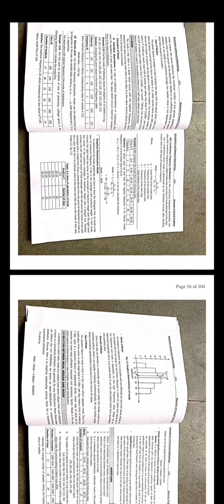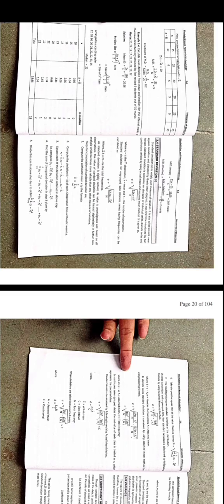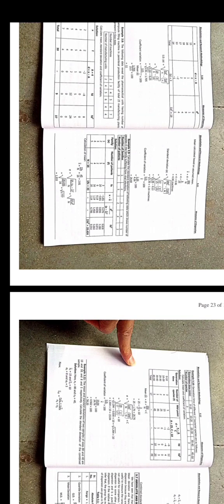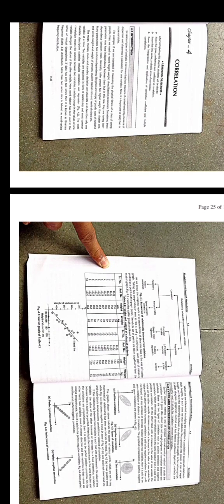Frequency distribution. In this frequency distribution, we are going to discuss the types. First of all, what is the frequency distribution? It is a systematic presentation of the data for investigation of the sample.